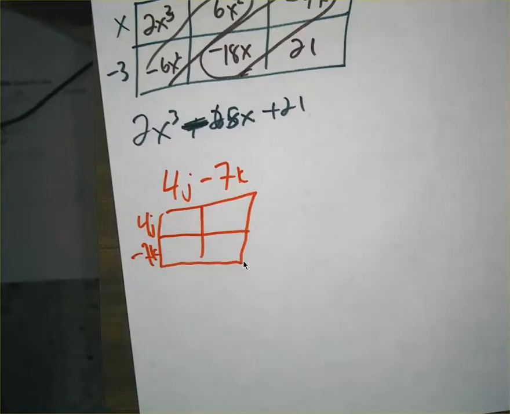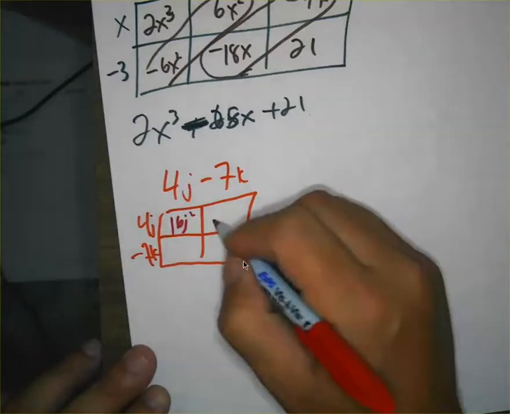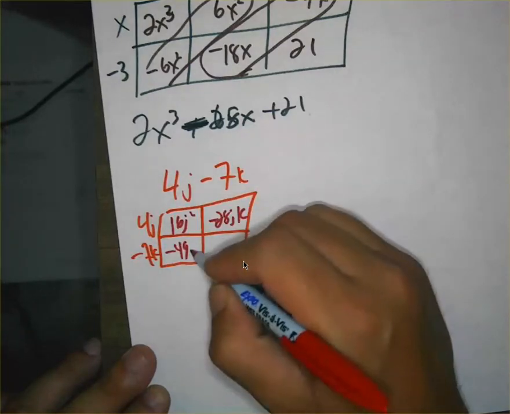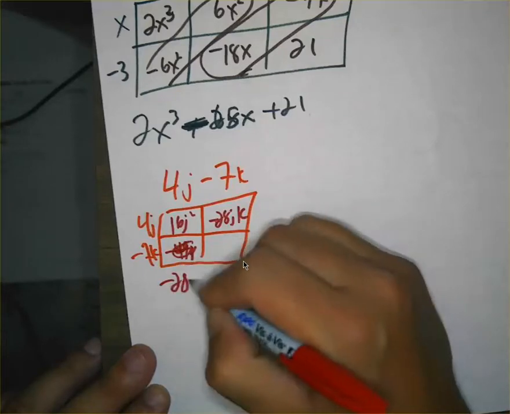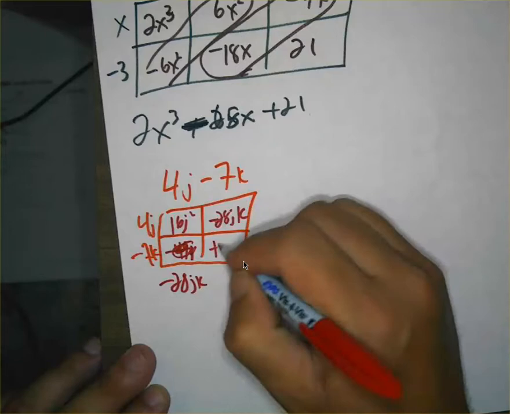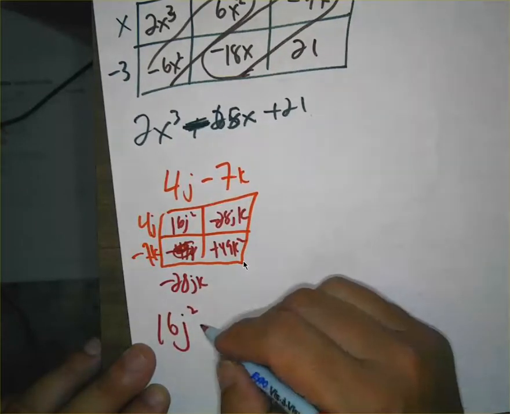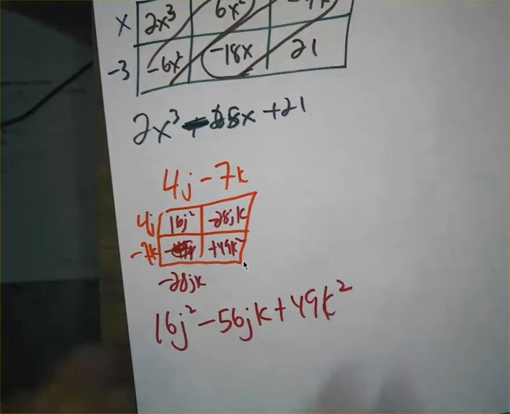And if you do that, you get 16j squared minus 28jk, or excuse me, minus 28jk, and then plus 49k squared. That gets me 16j squared minus 56jk plus 49k squared. That's going to give me a quadratic trinomial, right? Because it's a degree 2.